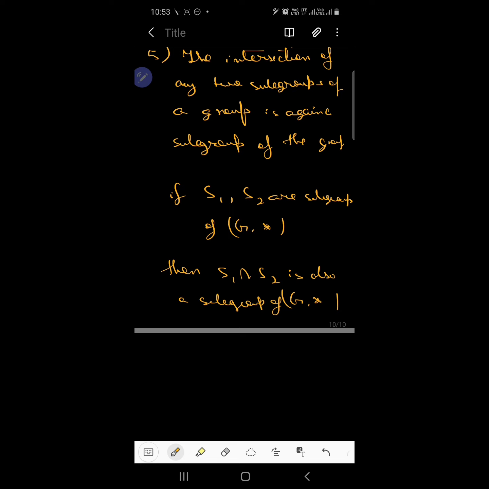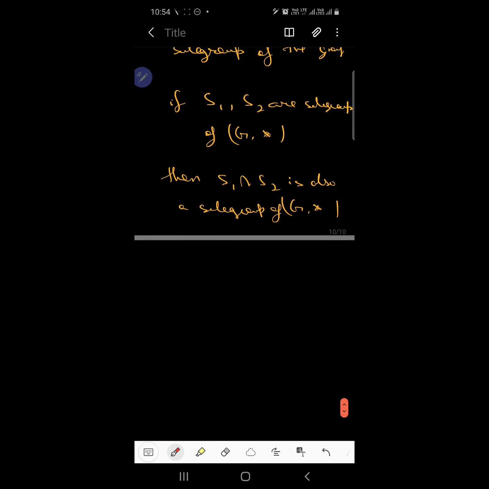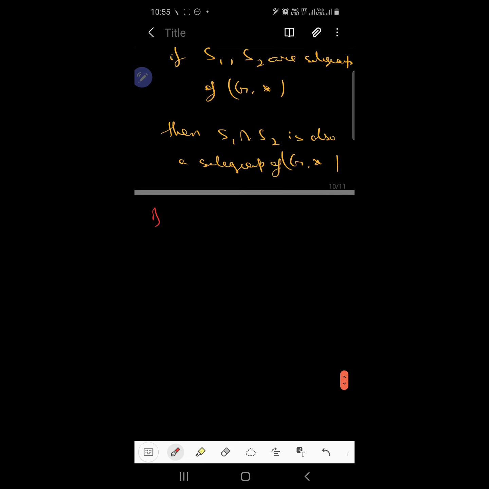Basically, if I just give you an idea of how to prove it, if we use theorem 4 and theorem 3 to prove this statement, we can do it pretty easily. So let us first see that S1 intersection S2 can never be null.